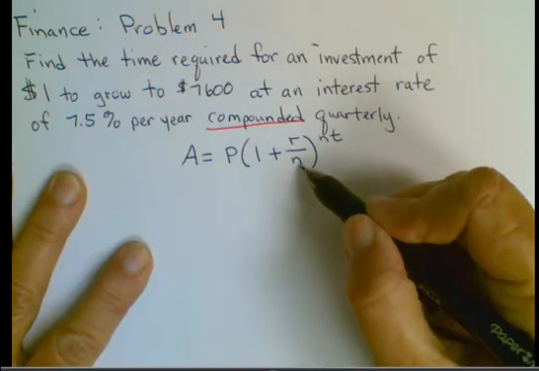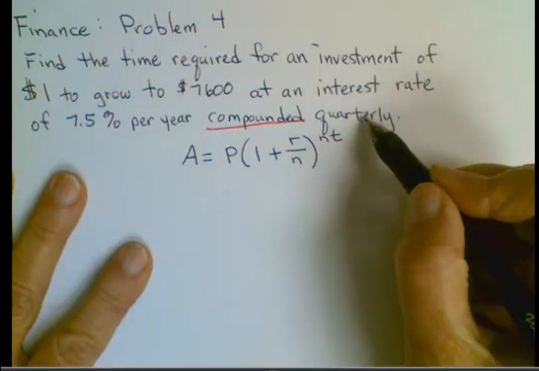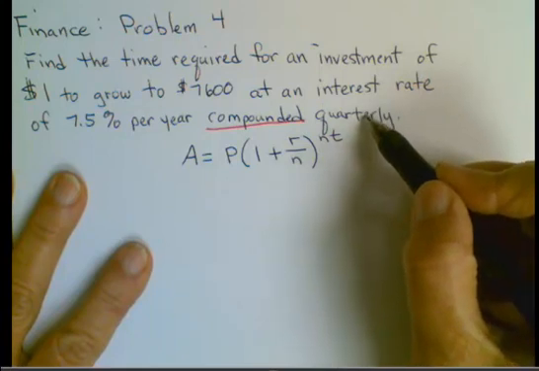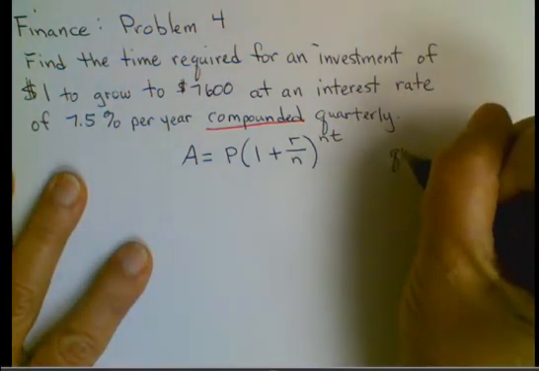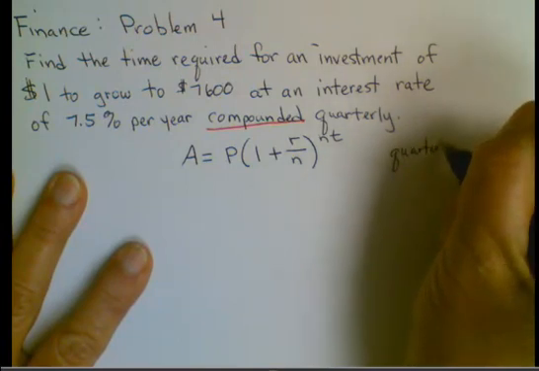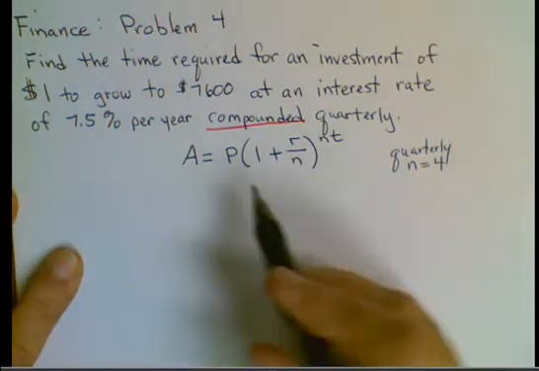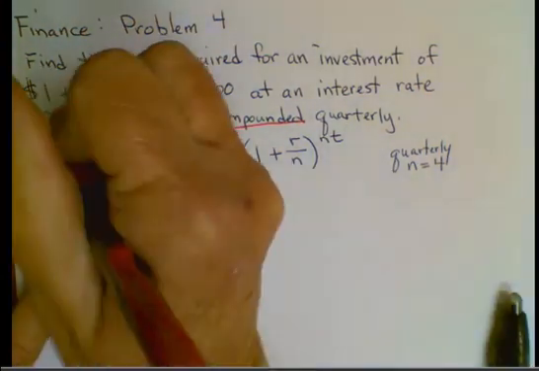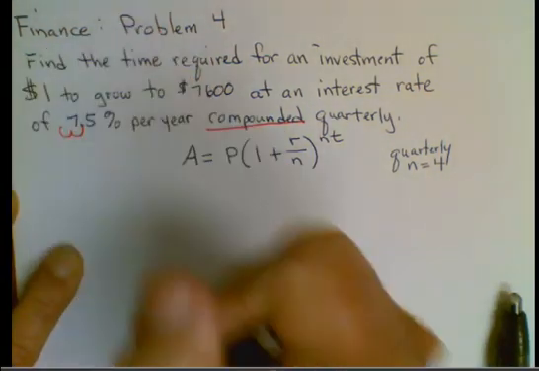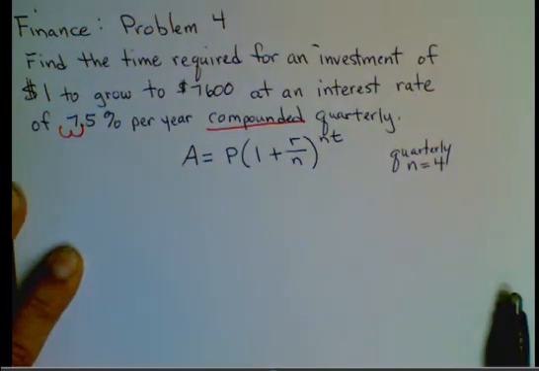Your N is your compounding intervals. So if we're compounding quarterly, N is going to be 4. Right, our rate, we need to switch over to a decimal, so 0.075.